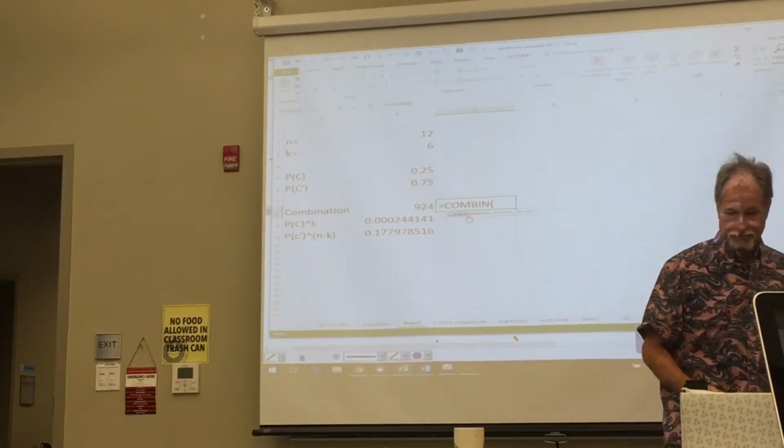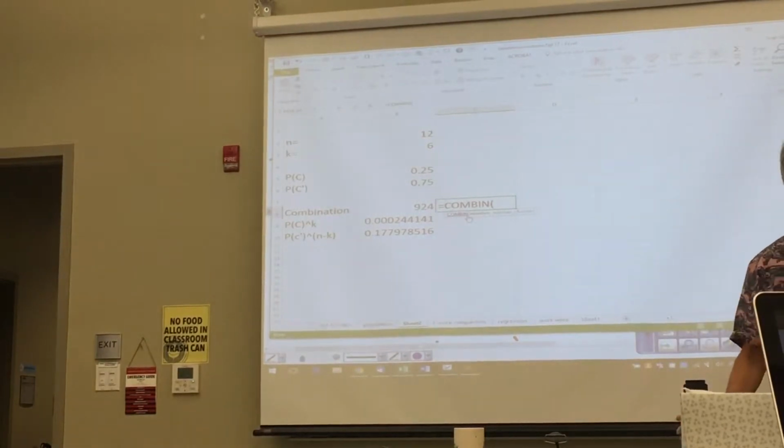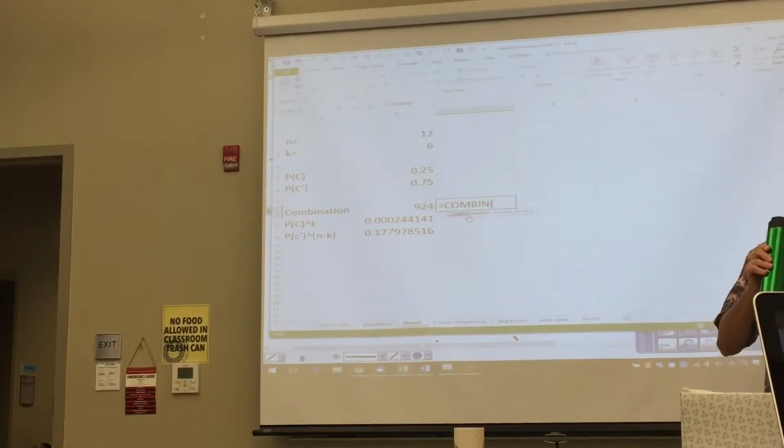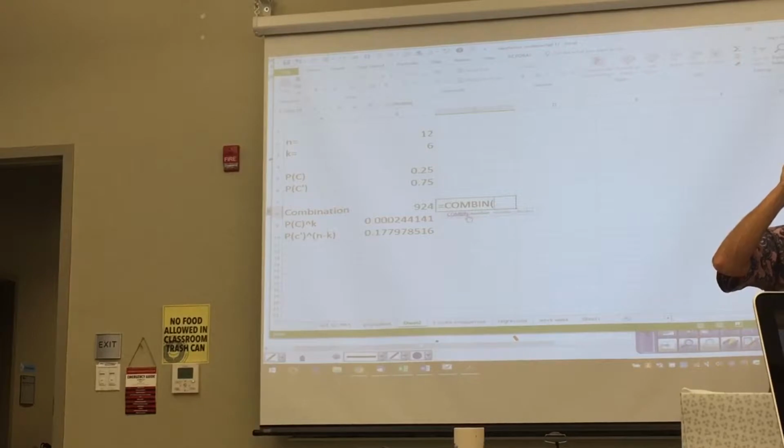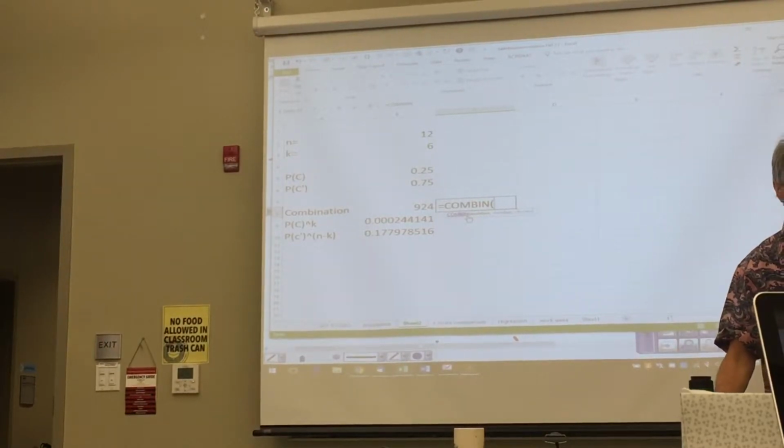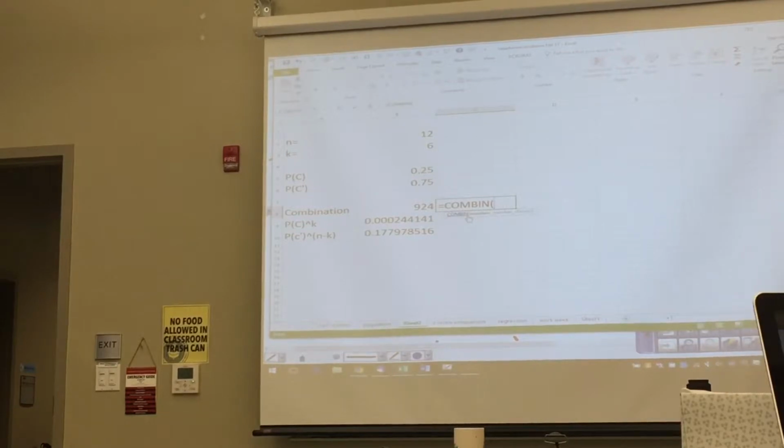So it's your n, and the number chosen is your k. So it's just a comma 6, and that's it. Parentheses. Oh, okay, now it came out right, because I tried that and it was the parentheses.